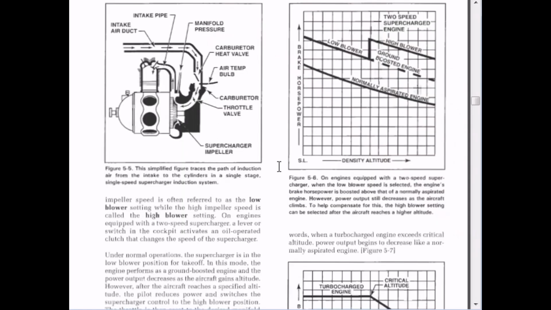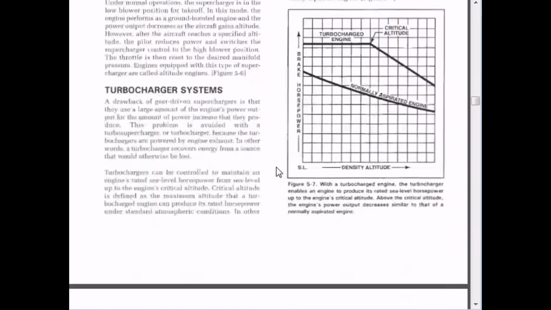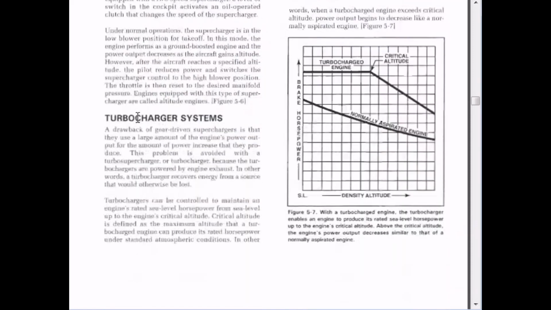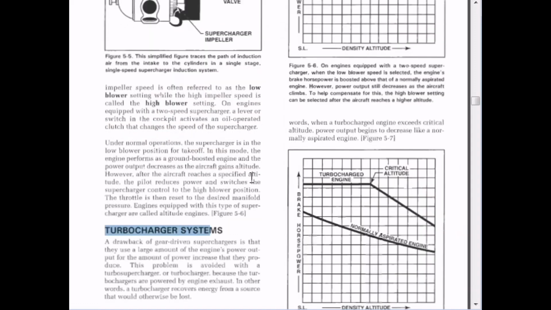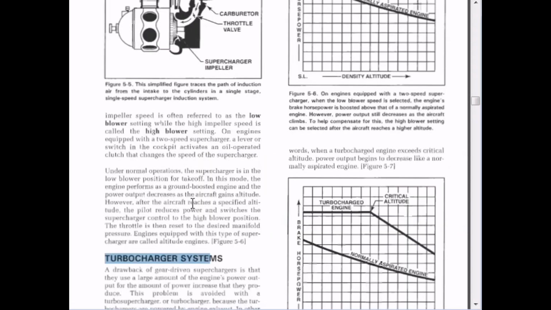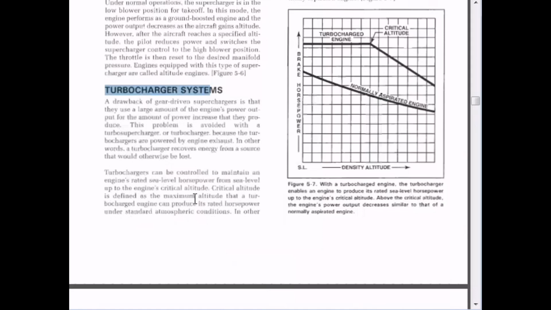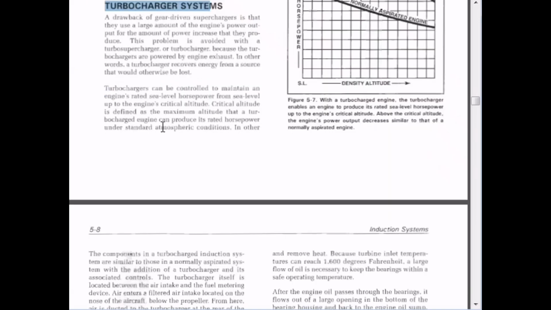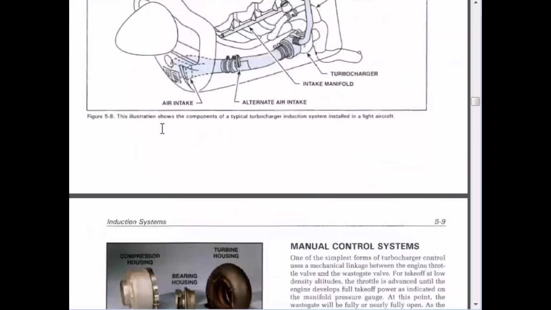Itu untuk supercharger. Now we going to turbocharger. Turbocharger system ni dia lain sikit. Macam supercharger tadi, from the get go, enjin gerak saja dia sudah on. Tapi turbocharger ni pula, dia at a higher RPM baru dia punya turbine tu berpusing. Bila turbine berpusing, kompresor pun berpusing.